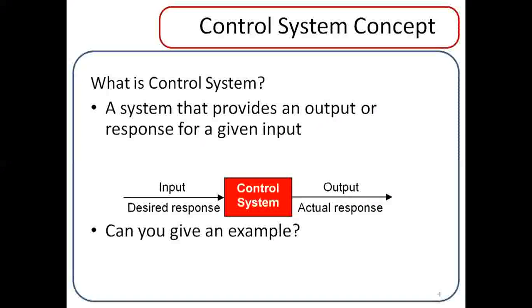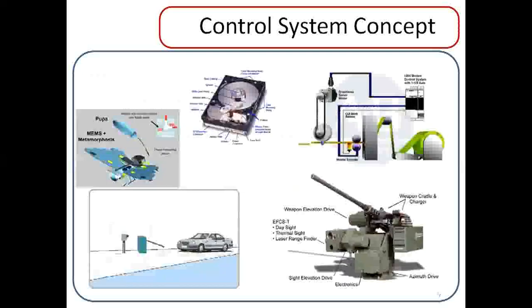The control system consists of a processing device comprising a set of instructions, which the processor transfers to n number of parts or actuators. The actuators generate the corresponding output, and the actual response is obtained. So this is the basic control system functioning, or the definition of the control system.